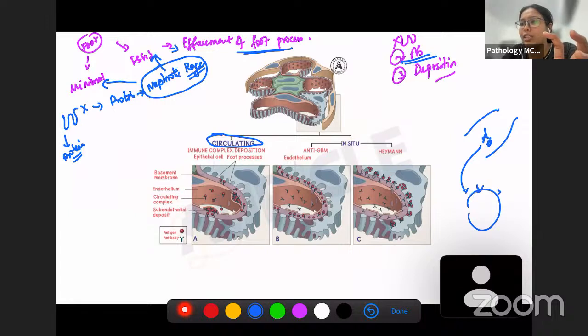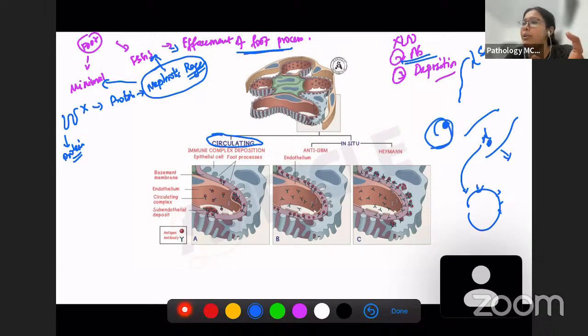The second type is in situ deposition, that is, antibody is in the serum, but it is reacting against a particular antigen which is present in the glomerulus, for example in the glomerular basement membrane, and it is attacking the glomerular basement membrane.